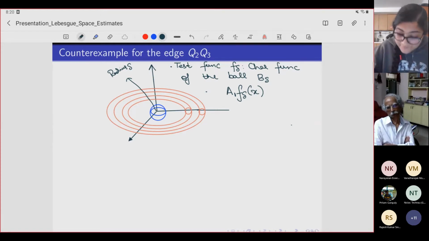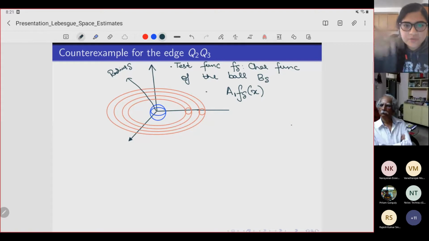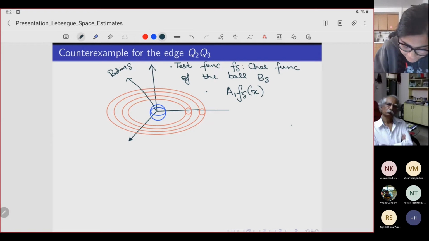Geometrically speaking, since F delta is the characteristic function of this blue ball, basically what I'm asking is, for which points would a substantial part of the average actually hit the ball? When you think about it this way, it has to be this annulus that I have, the red annulus over here.